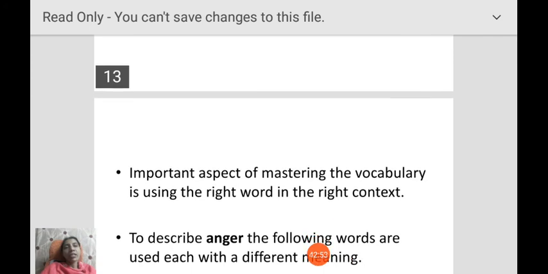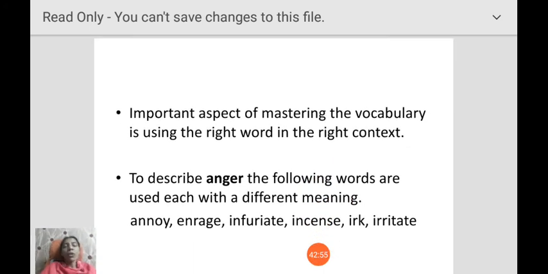Now this is also one of the most important aspects we must look at to improve our vocabulary. An important aspect of mastering vocabulary is using the right word in the right context.